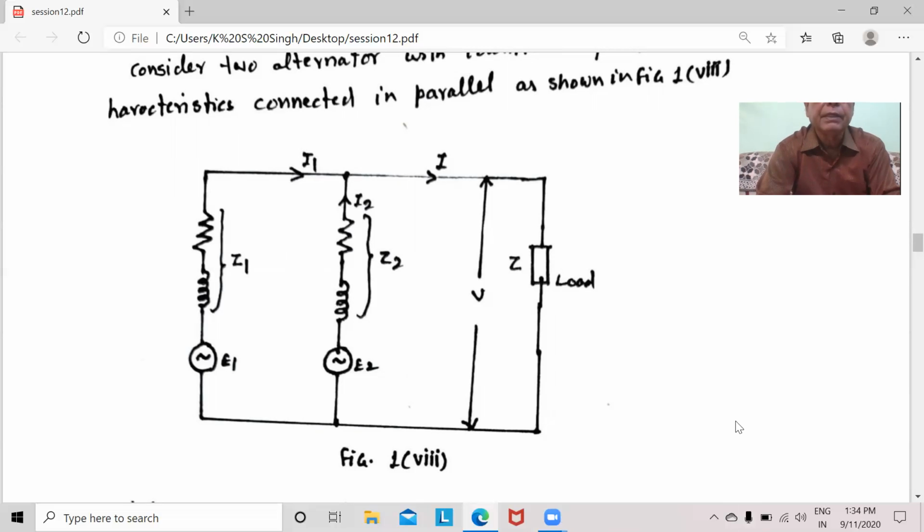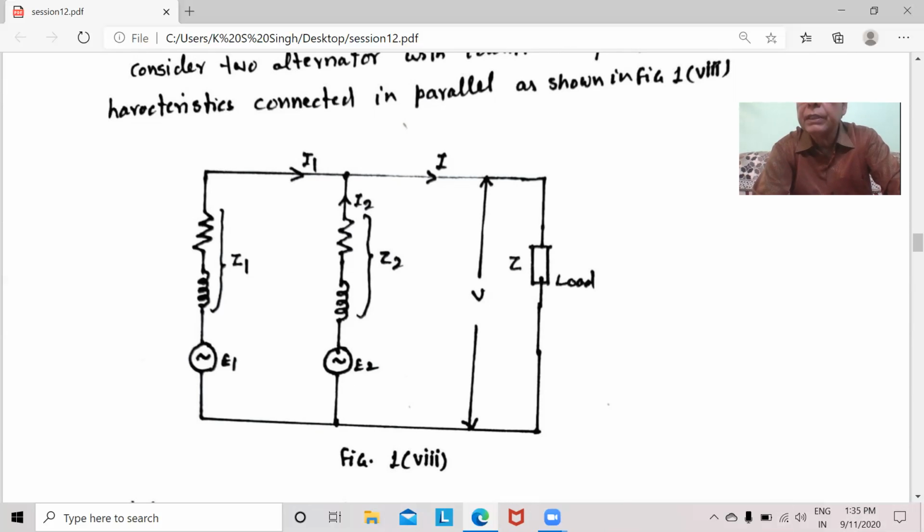But if the driving torque of one alternator is increased, the speed of alternator one increases and its voltage E1 will increase. In this way, what will happen? When E1 increases, a circulating current will flow in this case.